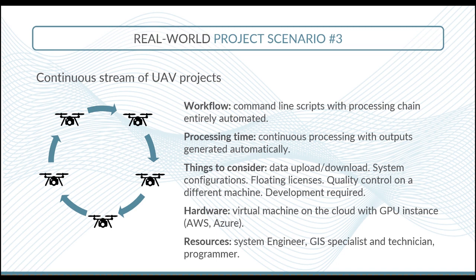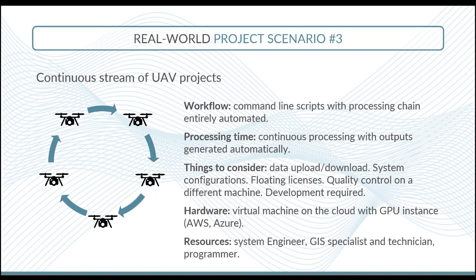Now here's something interesting in terms of processing workflow. Let's say you want to set up a continuous stream of UAV projects. So you have new projects continuously to run, and you want to set up a pipeline where these projects will be run one after the other in some kind of processing chain.